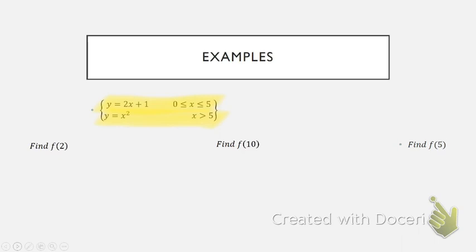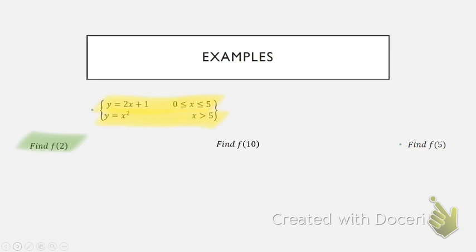But as far as this goes, the first question it asked me right here is find f of 2. So f of 2 means what is the value of the function if the x value is 2. And really, instead of y, it should say f of x in the notation I have, but that's fine.